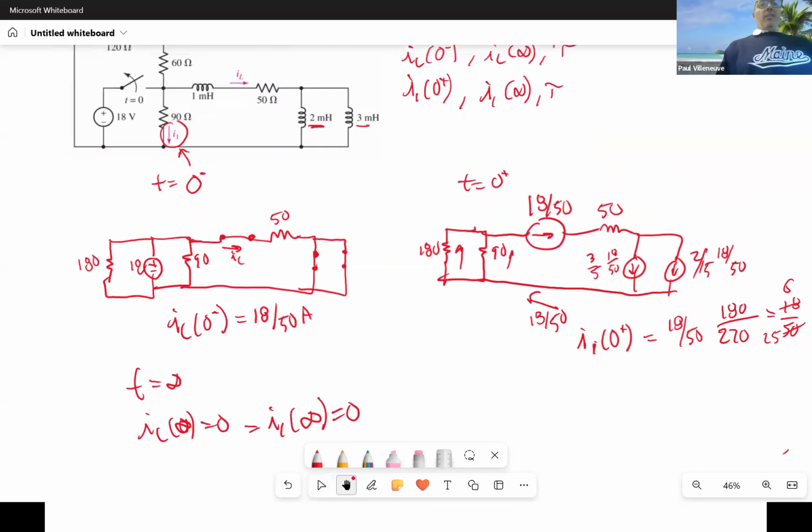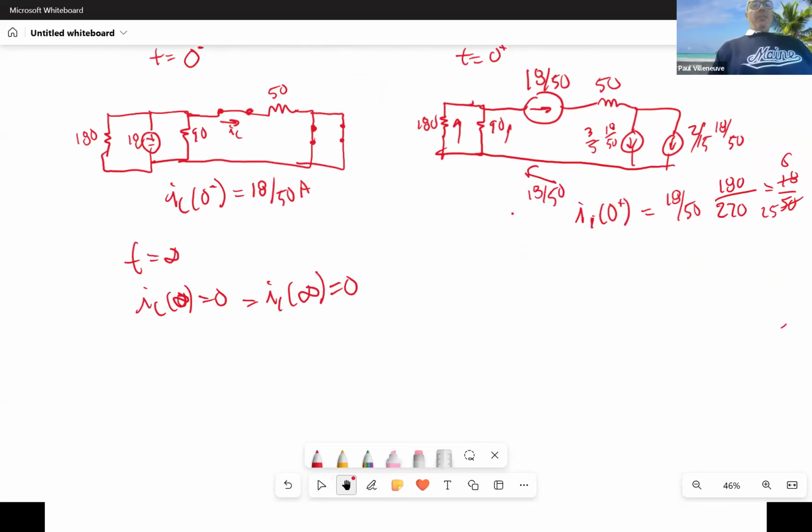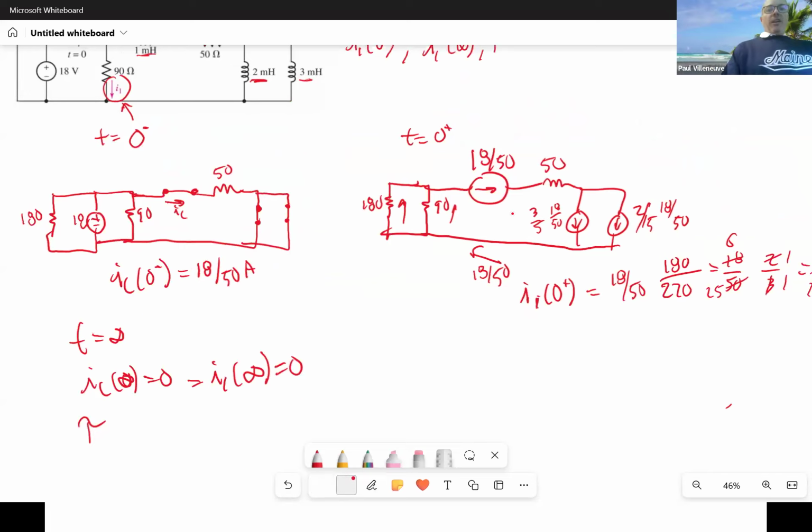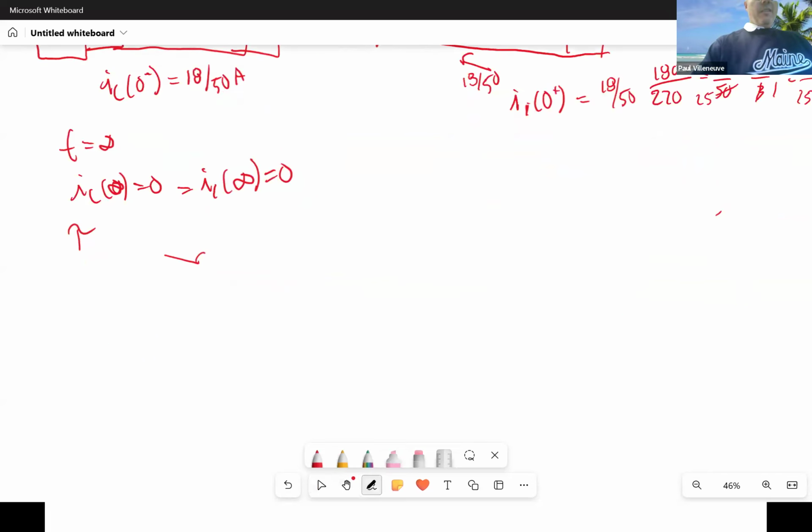Now the only thing I need to do is get my time constants. So for the inductor, I've got that inductor, that inductor, that inductor. So I've got to solve for the combination of those.